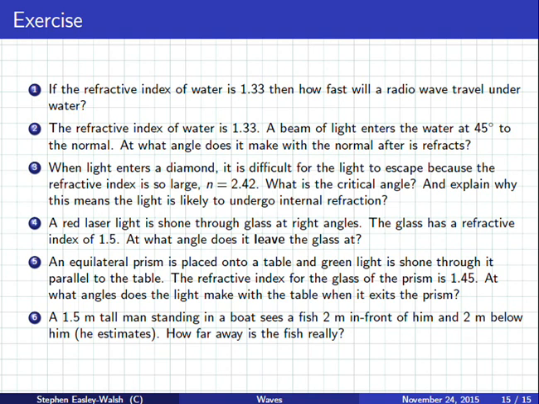Okay, so part B. What you have now is your glass, and you have some air here, and your light comes in and hits the glass and changes its angle.